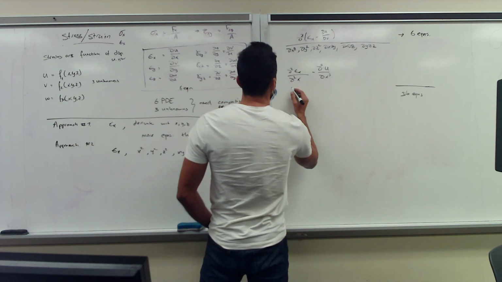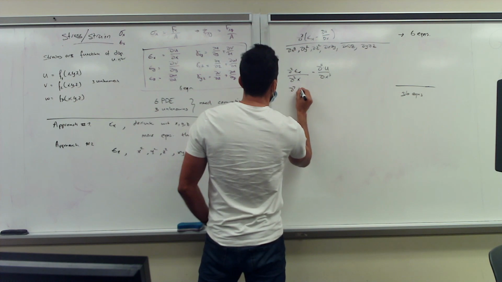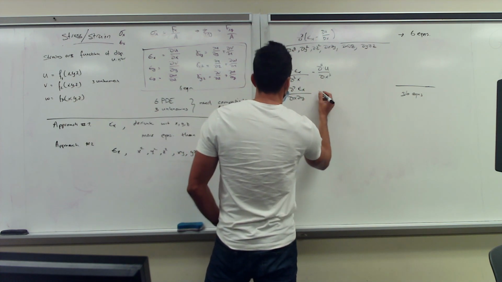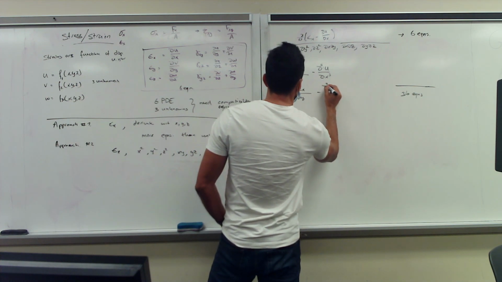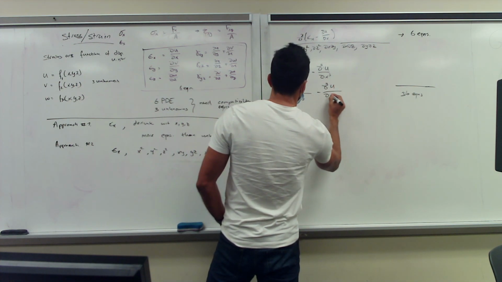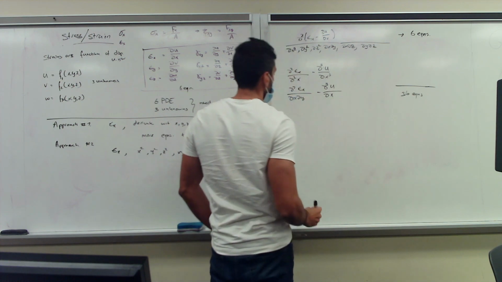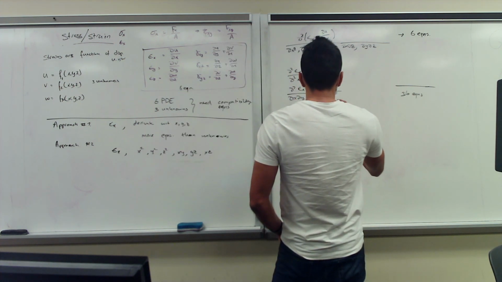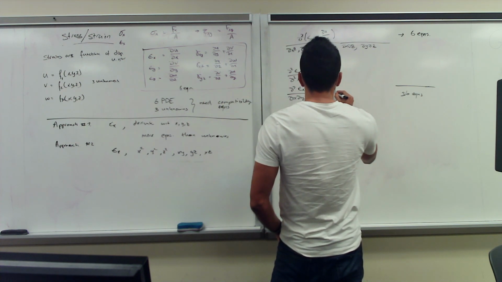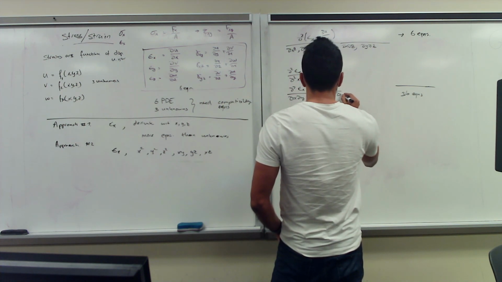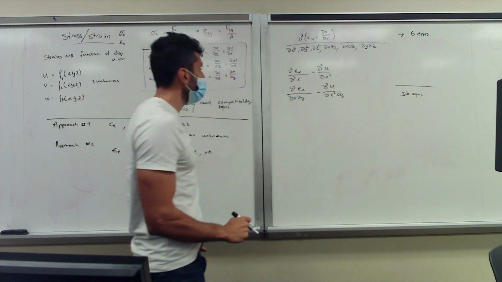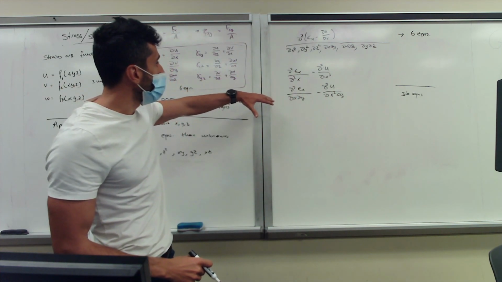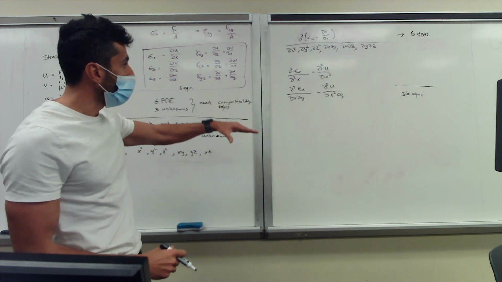For example, let's do it for xy as well. And we get, etc. So basically we get 6 equations, and we can repeat that for the rest.